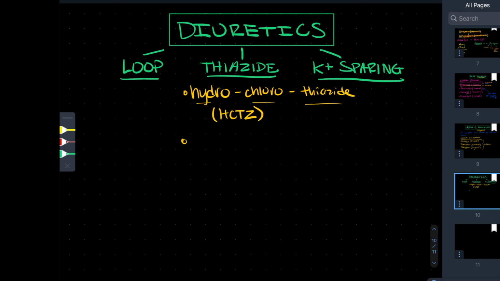There's also chlorthalidone and metolazone.